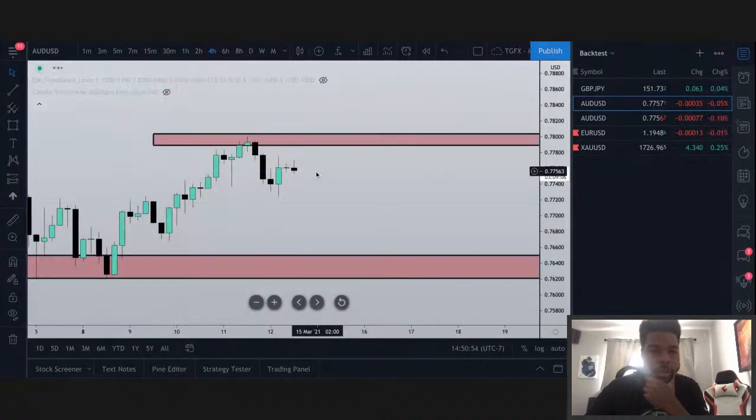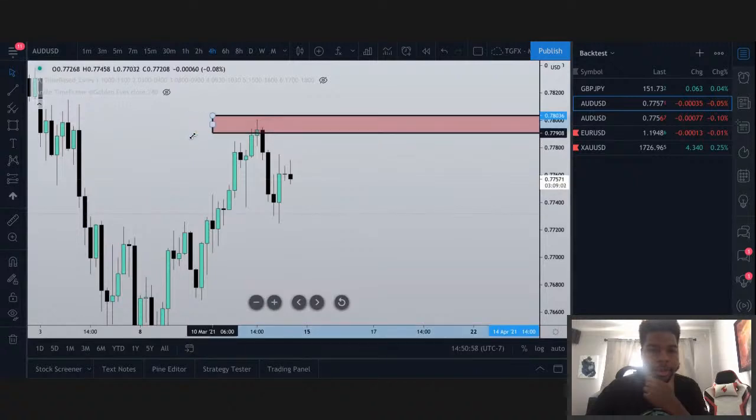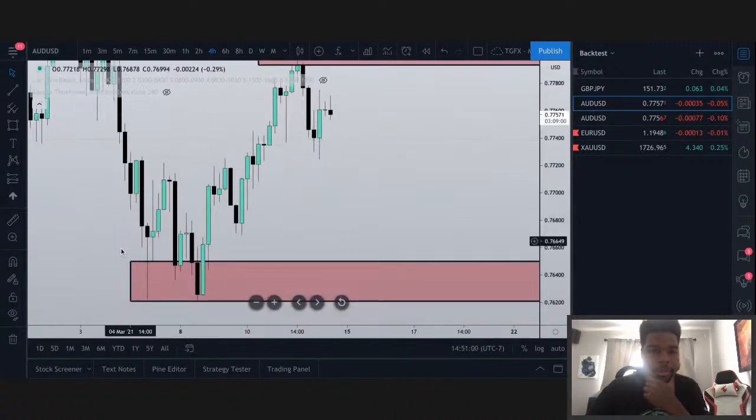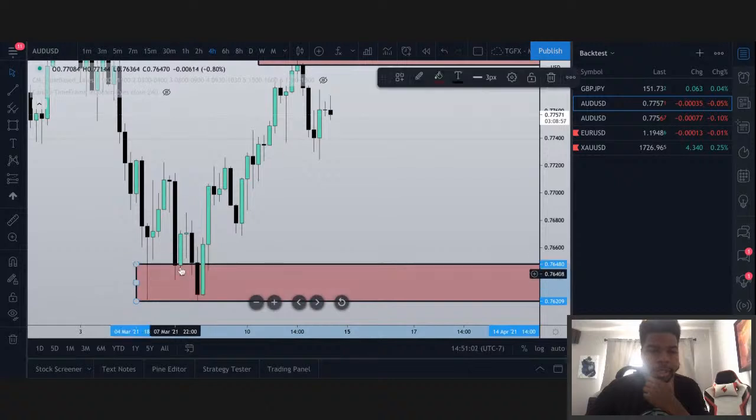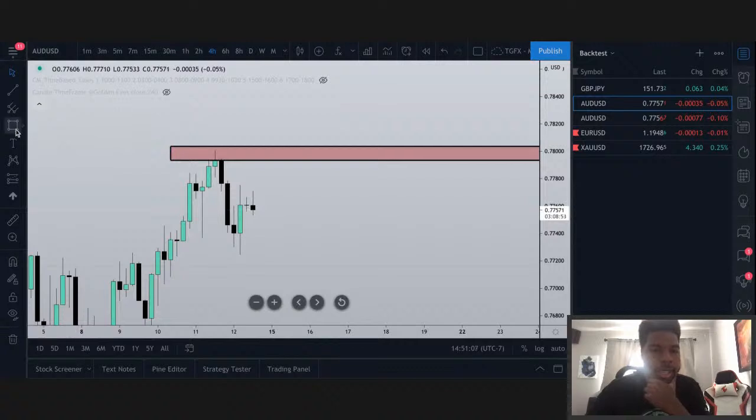All right. So then when we drop down to our H4 time frame, what we can do is fine tune that zone to the wicks. And then we can also mark off an H4 level.